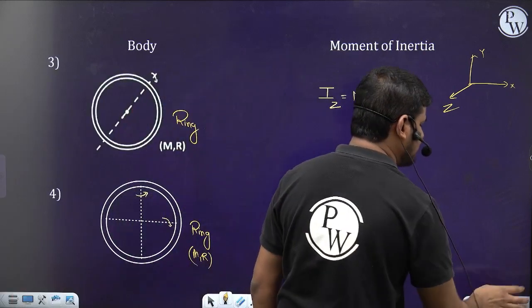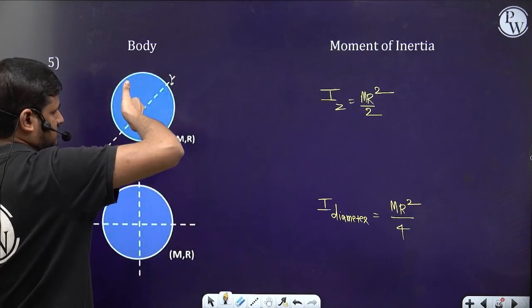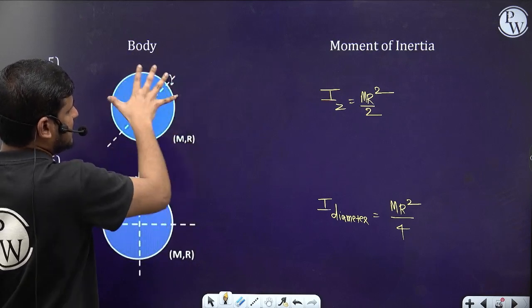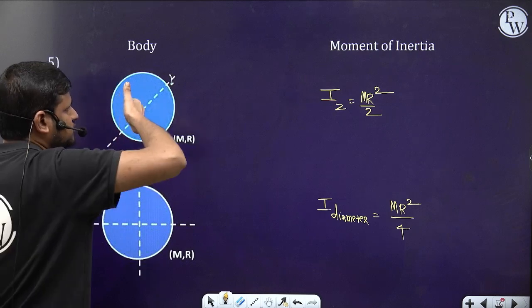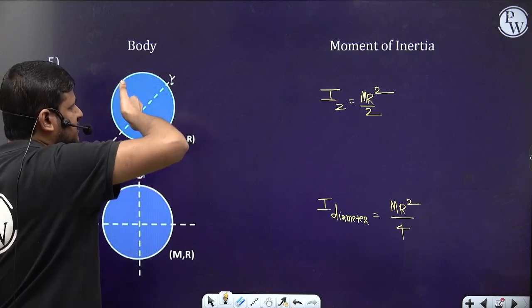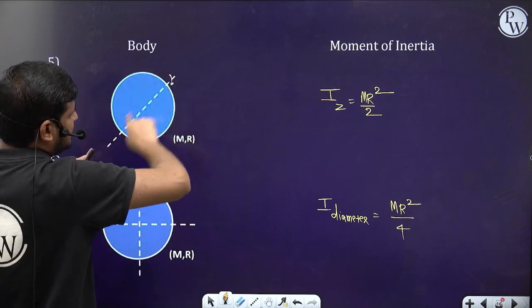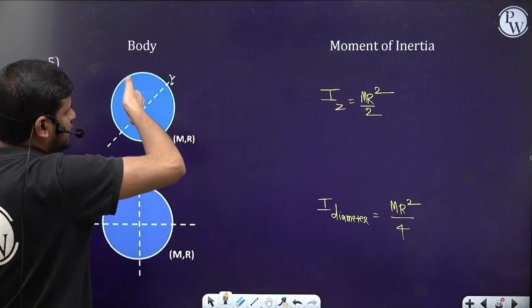Same for the disc also. About its perpendicular axis, the z axis. This is the disc, and this axis is passing through the disc and perpendicular to the plane of the disc. I can represent it in 2D as this one, which means the z axis, like this, going into the page.